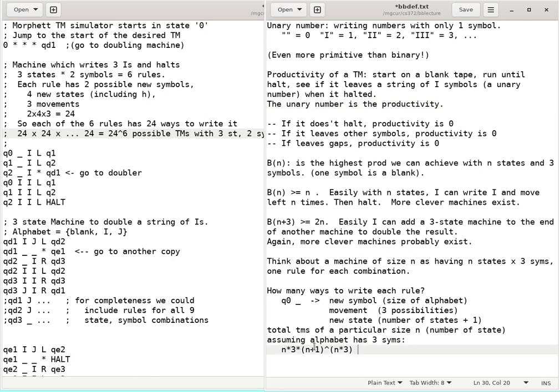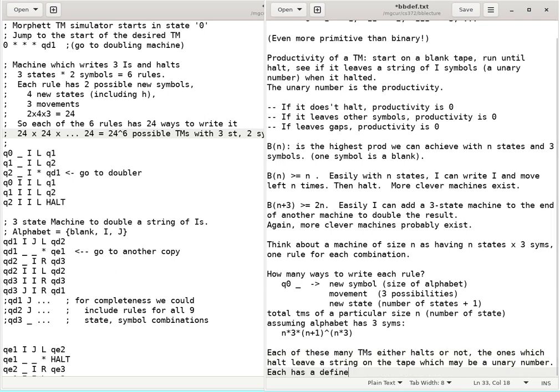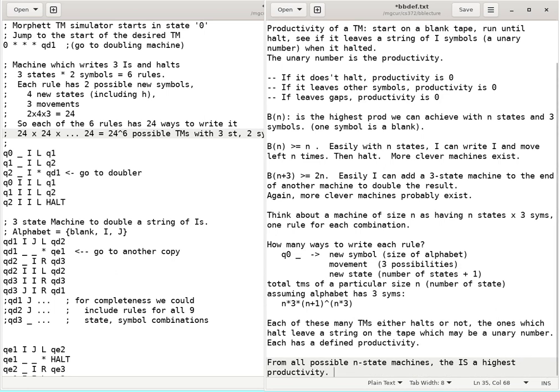So each of these end-state machines that halt and leave a unary string on the tape, there is a highest productivity.